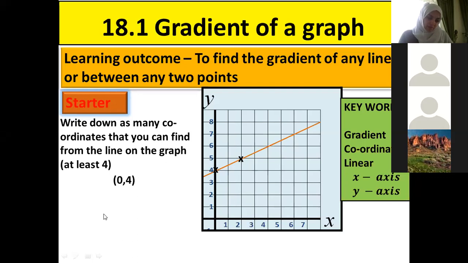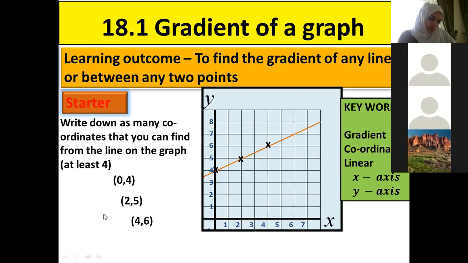It's (4, 6). Yes, it's (4, 6). Okay, one more point. Let's go to Hala. Yes, teacher. It's (6, 7). That is right. Thank you, Hala.